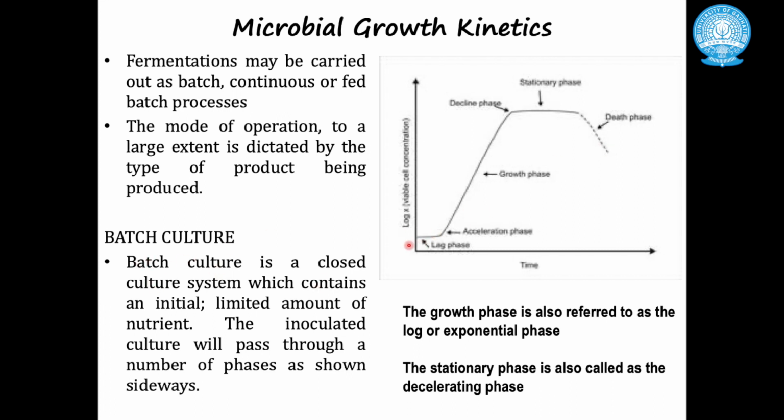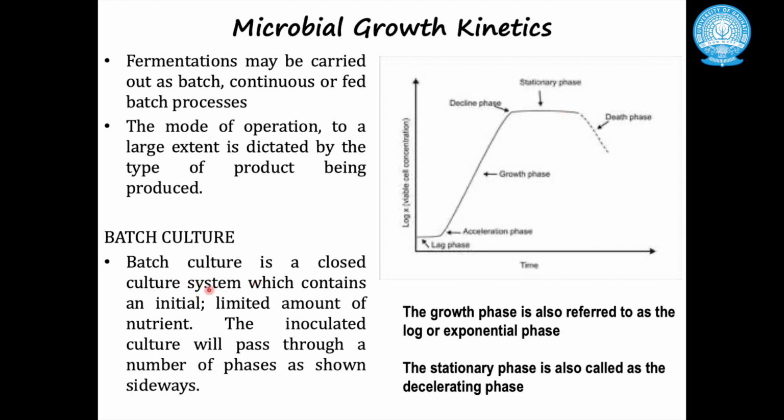And here below is the lag phase, which is nothing but the starting phase, the amount of time required to start off the fermentation process. So this is typical of any bacterial culture, which we have learned about in microbial growth patterns earlier in microbiology.